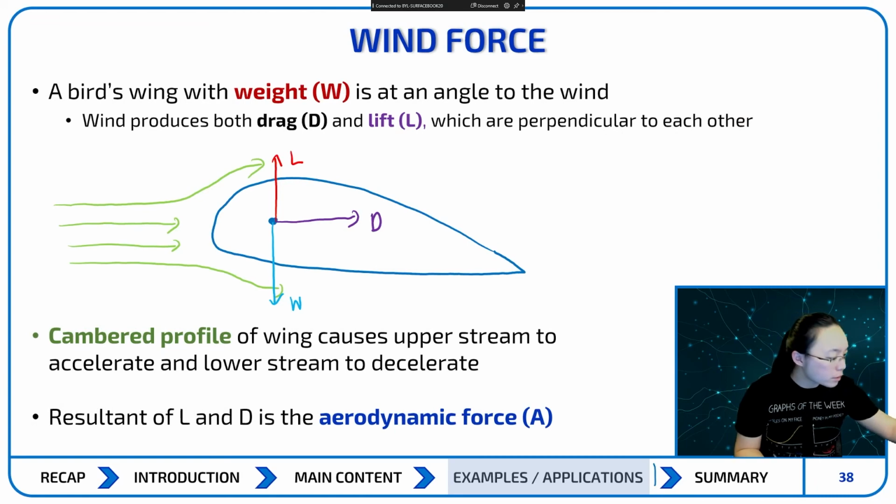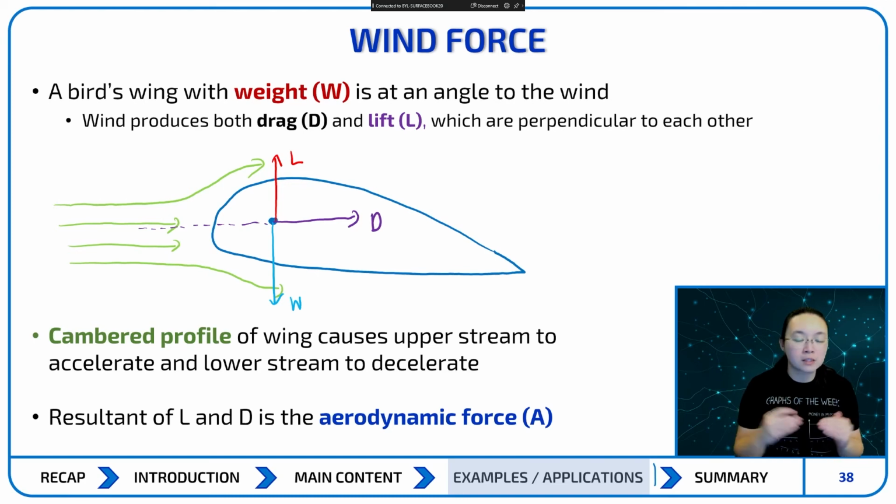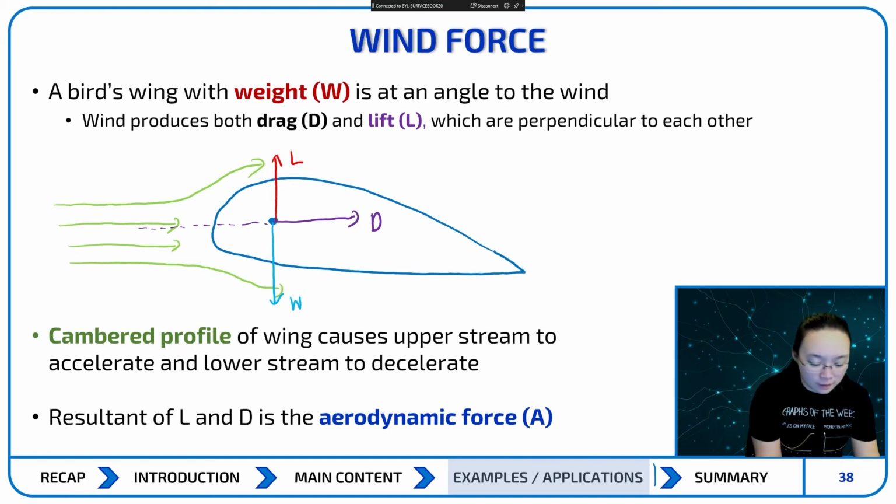I just want to make sure I'm not missing any diagrams or any labels here. Okay. All right, so with the drag force, I'm just going to draw a line over here so that it's parallel to the wind force. Something I want to mention is an angle of attack.